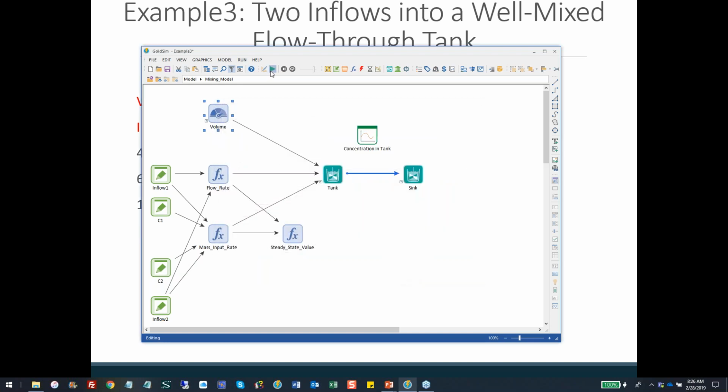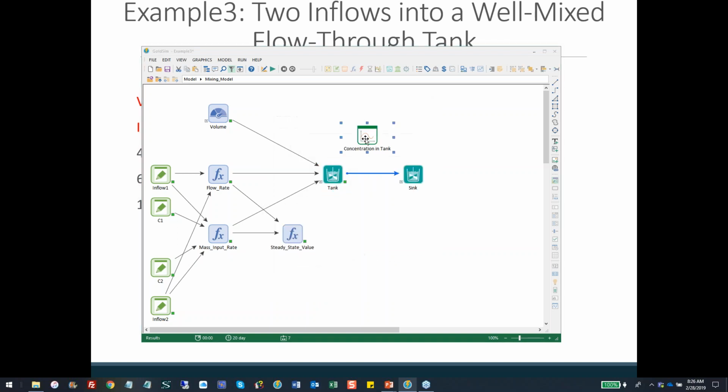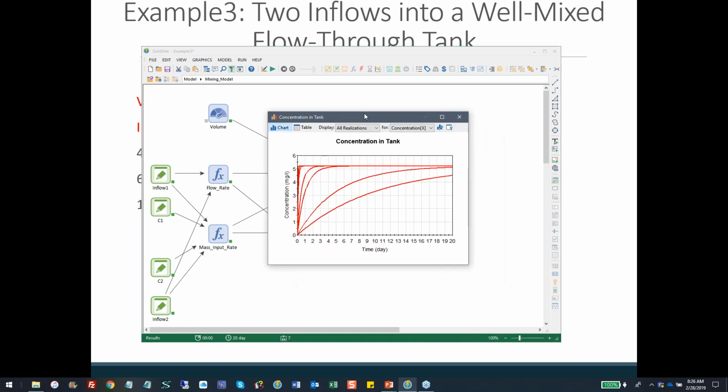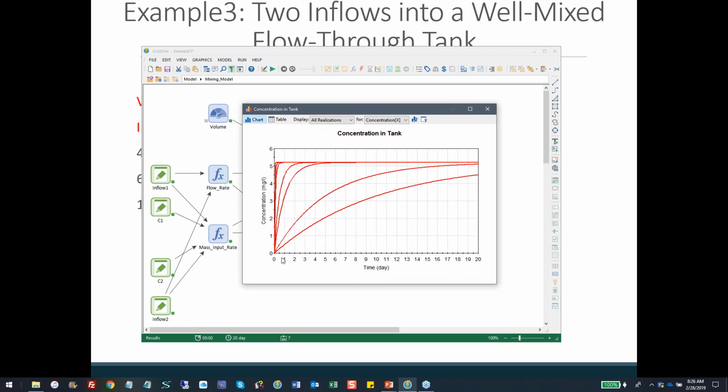And I went back to an initial concentration in the tank, by the way, of 0. If I do that, my result looks like this. So essentially what's happening here is this is the result when the volume was 100.